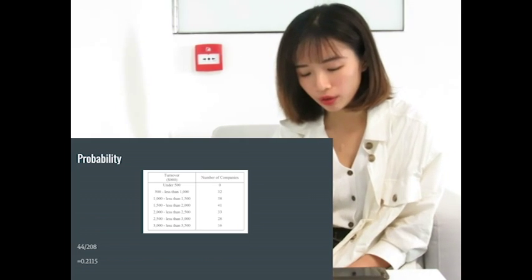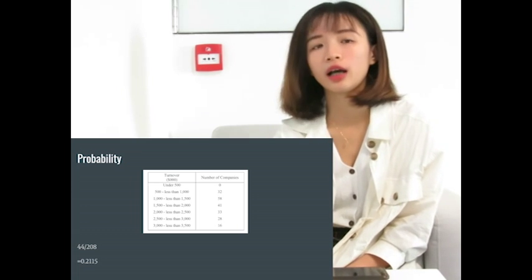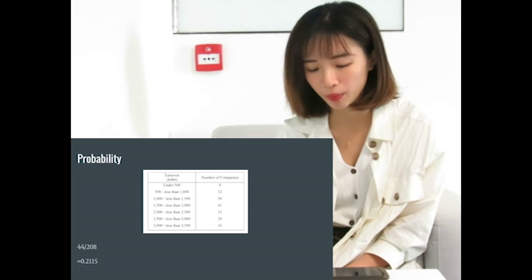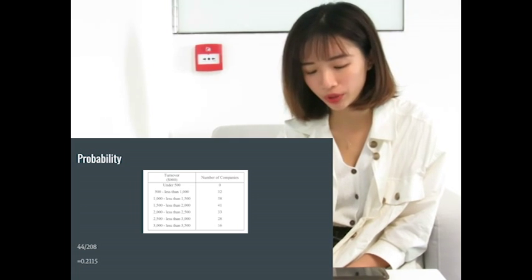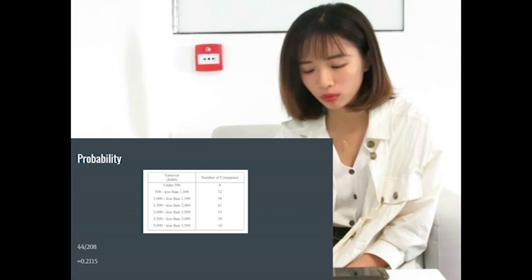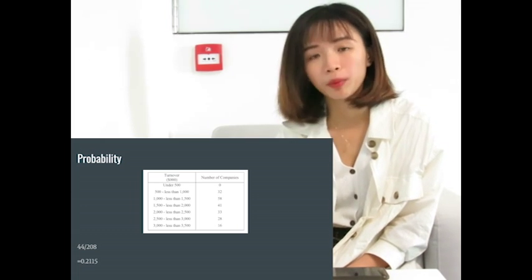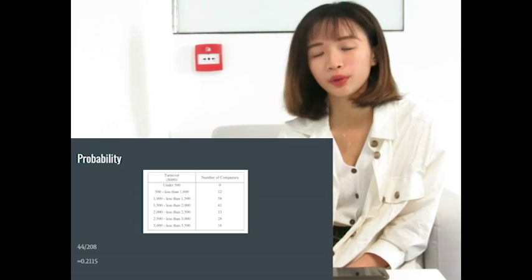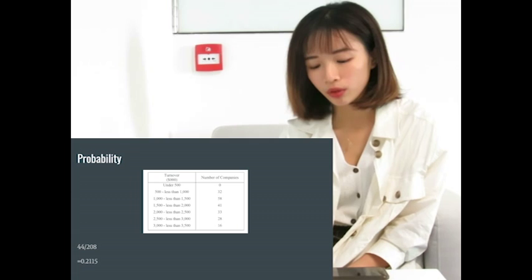The question told us there are 208 companies in the frequency table. So we can use 44 divided by 208 to get the answer that the probability of a company making a profit of more than or equal to $700,000 is 0.2115.